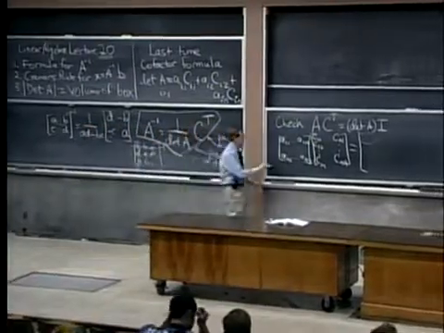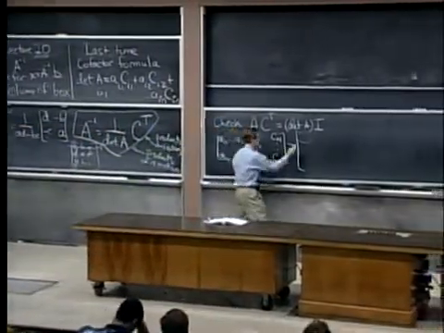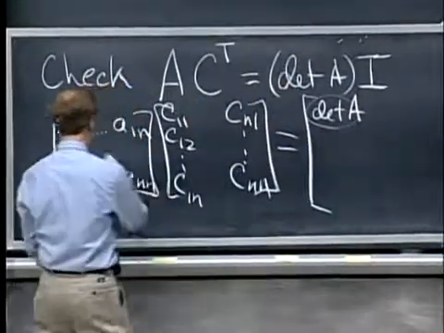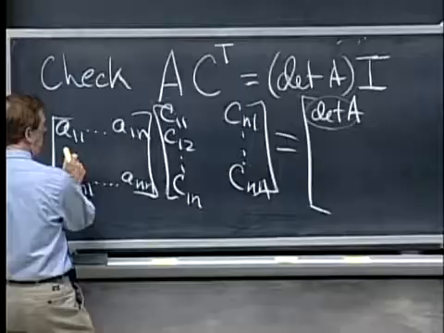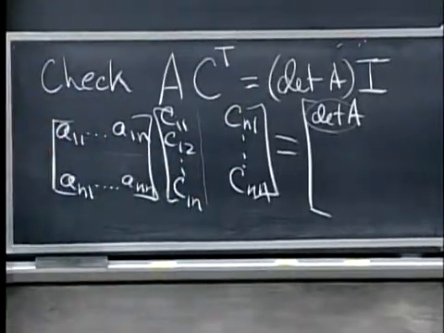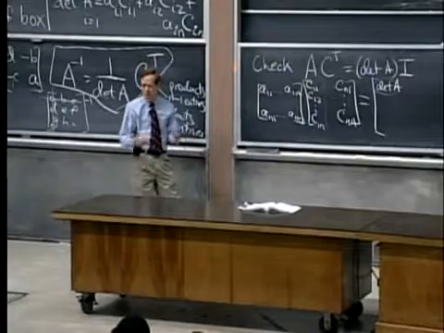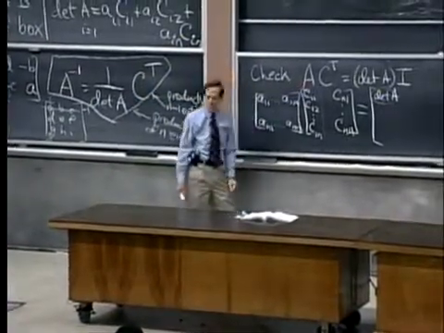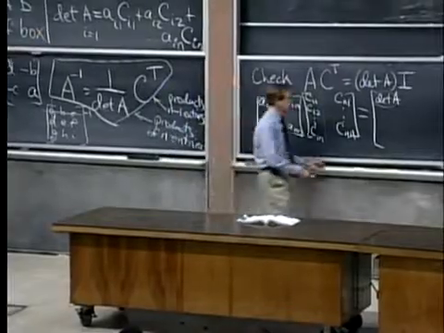So up here, in this position, I'm getting determinant of A. What about in the 2,2 position? Row 2 times column 2 there. What is that? That's just row 2 times its cofactors. So, of course, I get the determinant again.